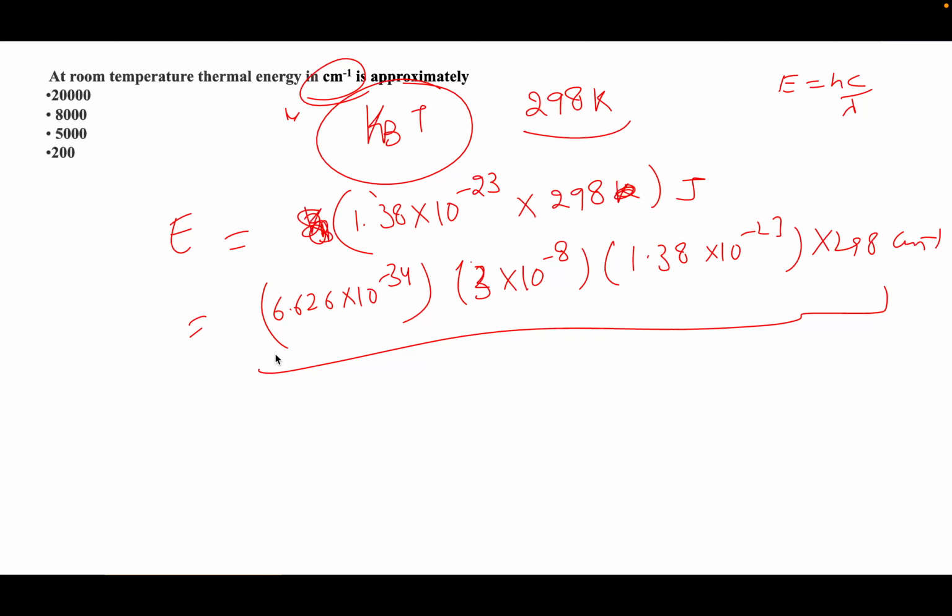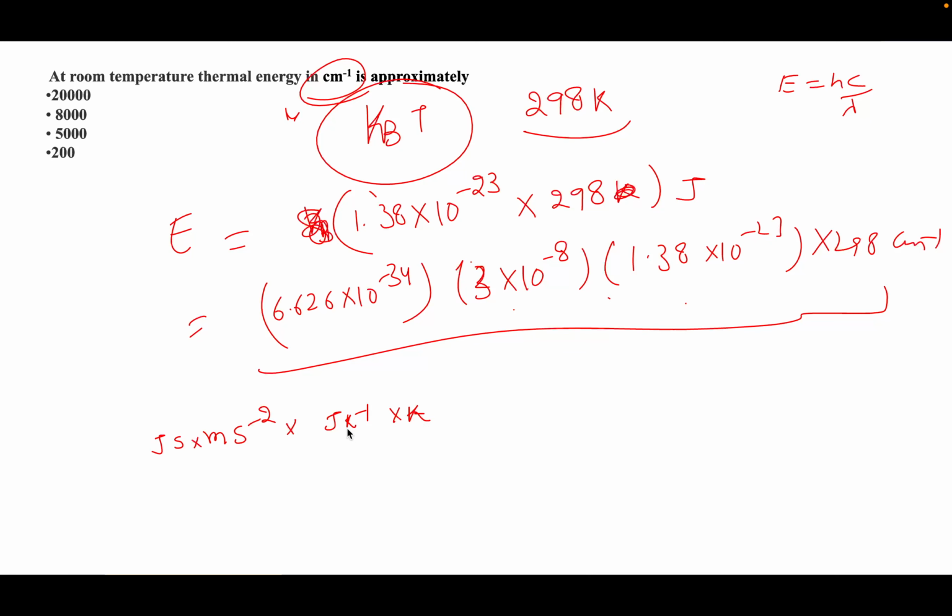Let's just check these units. This is joule second, this is meter per second, this is kB in joule per Kelvin, and this is Kelvin.